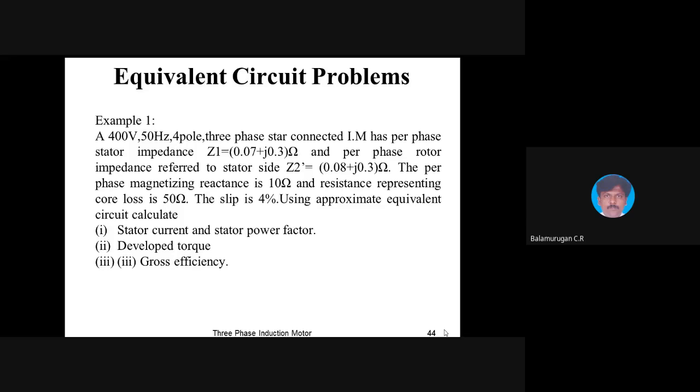Then coming to I2 dash, how to calculate it: we have V1, the input voltage, divided by R1 plus R2 dash plus RL dash plus J times X1 plus X2 dash.